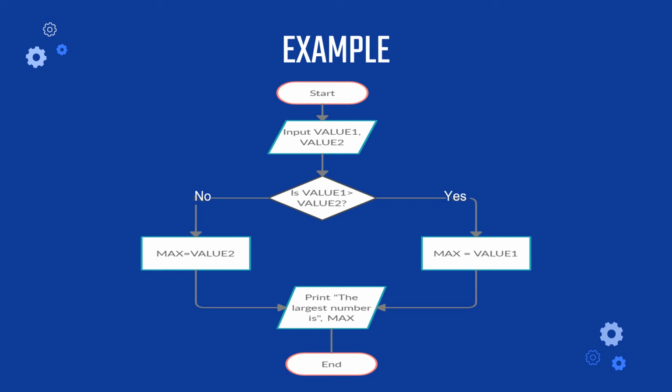Kapag nag-no naman siya, ibig sabihin, hindi. Mas mataas si value 2. So, pag nag-no siya, max is equals to value 2. So, pareho silang pupunta kay output, which is print the largest number is max. So, kahit na ano dyan yung sagot, yun pa rin yung ipiprint po niya. And then, end.